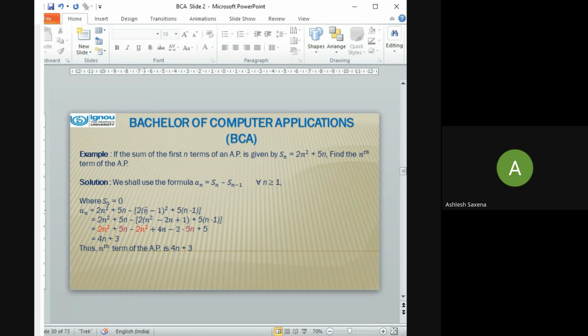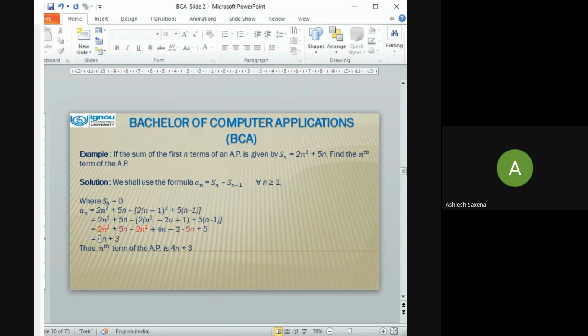A minus b whole square is a square minus 2ab plus b square. When you open it up, this 5n will get cancelled with this 5n, and 2n square with this 2n square. You will be left with 4n plus 3. The nth term of the AP will be 4n plus 3.